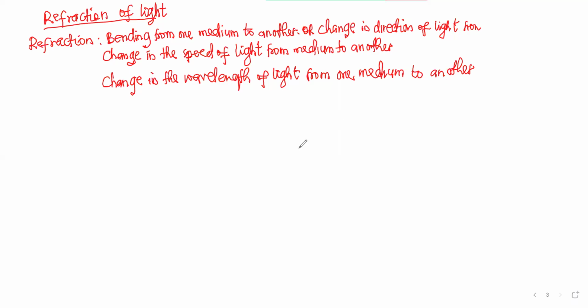Okay, so it means that when light moves from one medium to another on a certain condition, its direction can change, that is bending. Its speed can change, and its wavelength can also change.